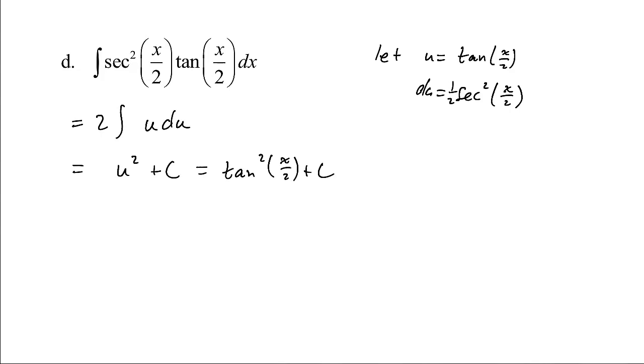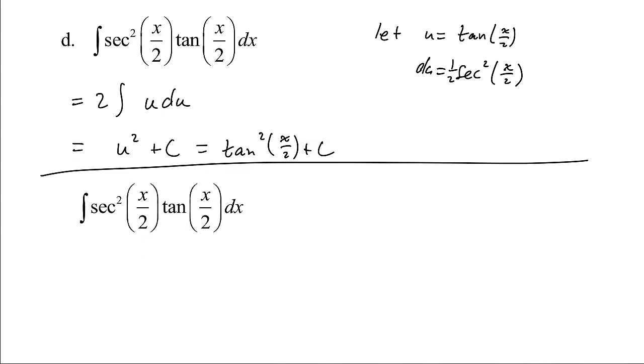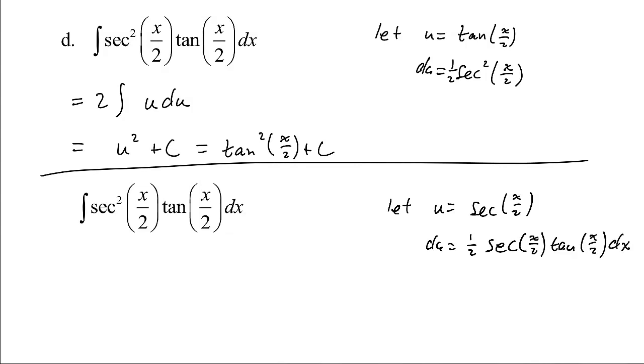Now if I look at this in a different way, I can come up with an answer that looks different but is really the same, and I'll show you that it's the same. I'm just trying to show you guys there's different ways to look at these problems. Say I let u be secant of x over 2, then my du is 1/2 times the derivative of secant, which is secant tangent, dx.